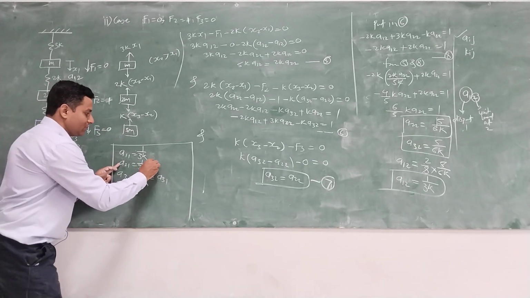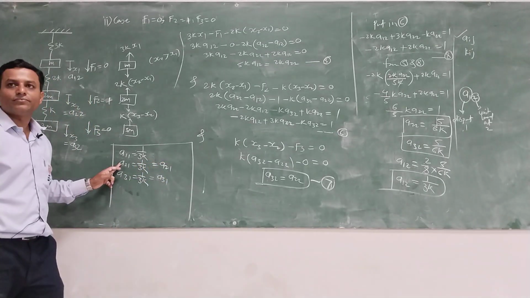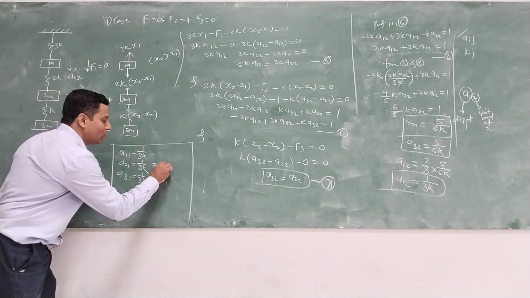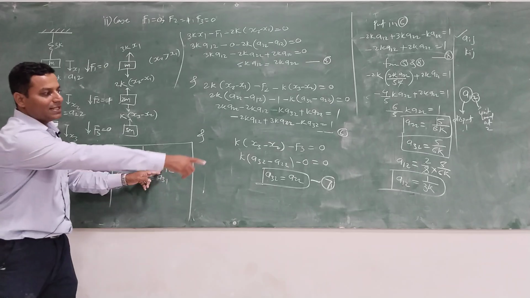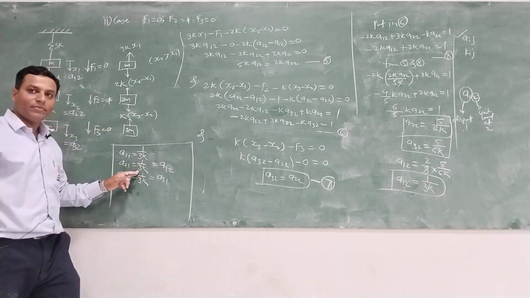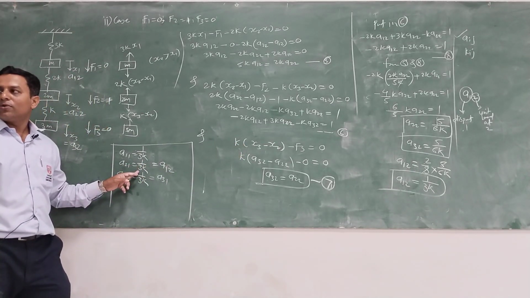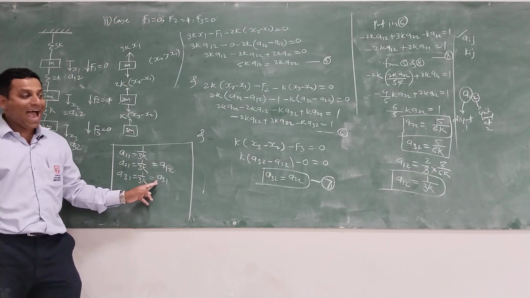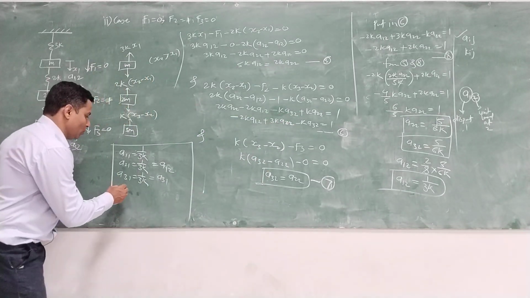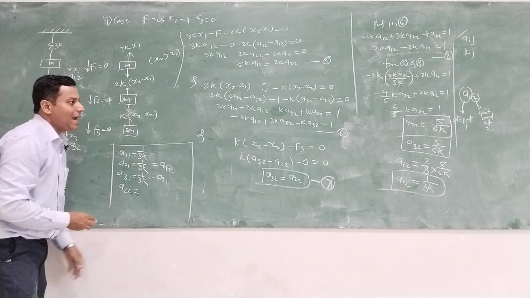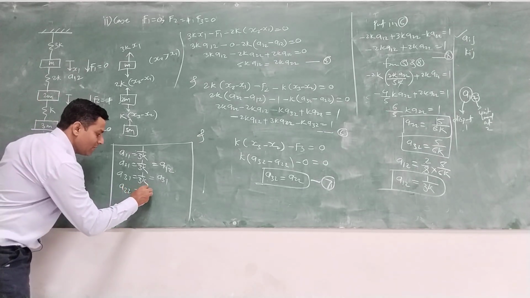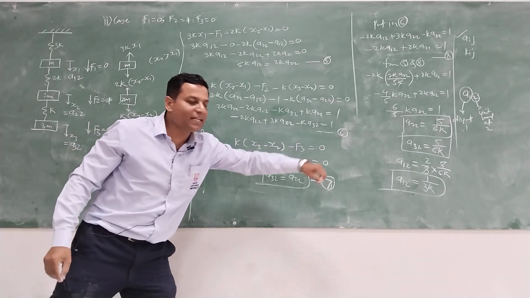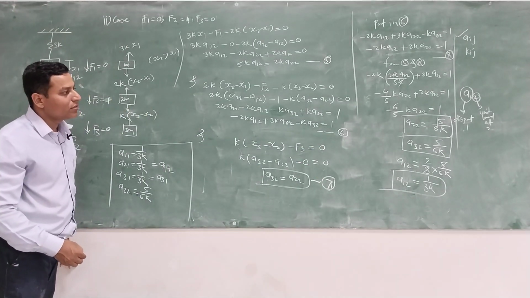By Maxwell's reciprocal theorem, A31, A21, A31 sorry, A12. Here you can see A12 is same. So total we are having 1 2 3 4 5 and the sixth one is A22, and A22 is 5 by 6k, and A32 is the same.